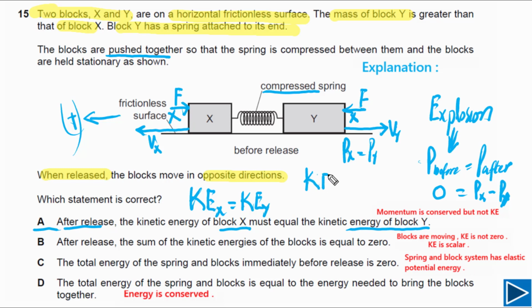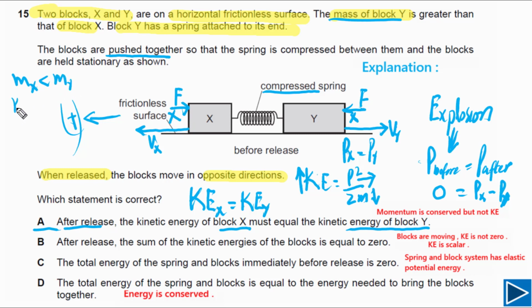If we look at kinetic energy, kinetic energy is equal to P squared divided by 2m. If momentum is the same but the mass is smaller, kinetic energy will be greater. In this question, it is given to us the mass of block Y is greater and the mass of block X is smaller. So we can write mx is smaller than my.